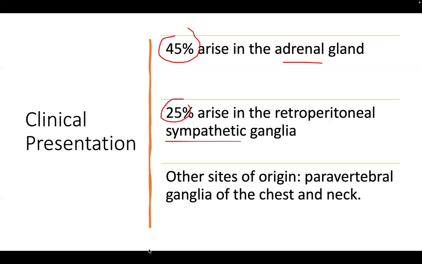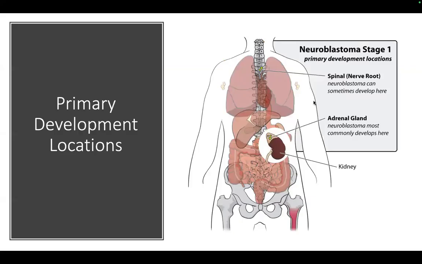So aside from the adrenal glands, the sympathetic ganglia, we can see them in the paravertebral ganglia of the chest and the back, and of course, the organs of Zuckerkandl. That's for pheochromocytoma. Now, I just want to highlight this regarding the primary development locations. Neuroblastoma commonly develops from the adrenals.